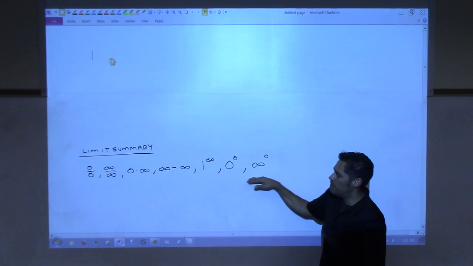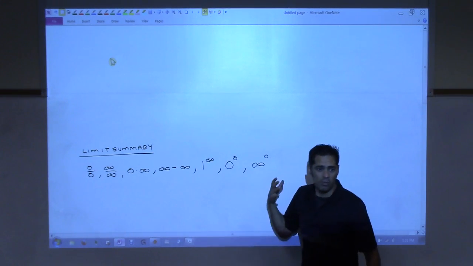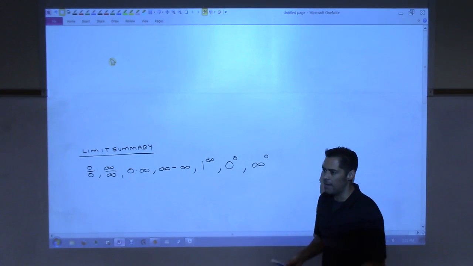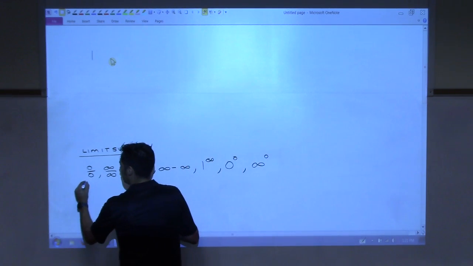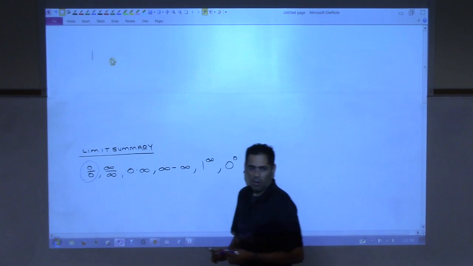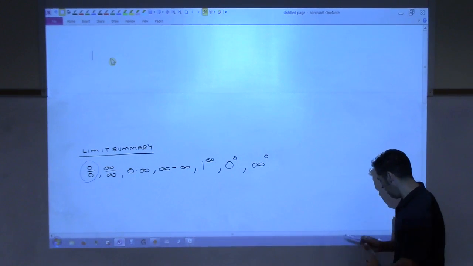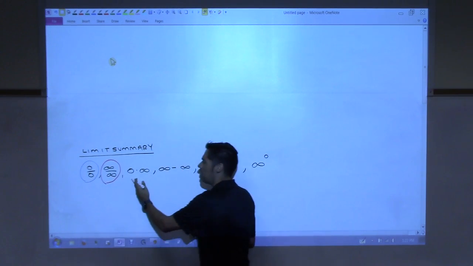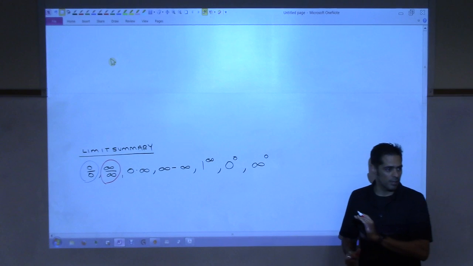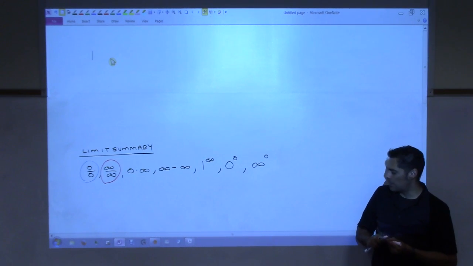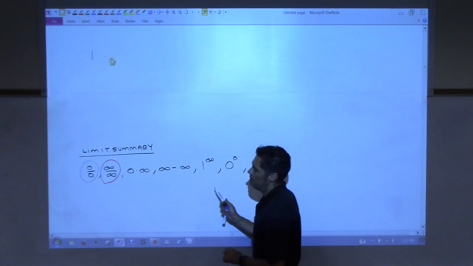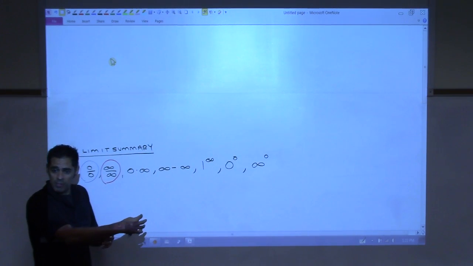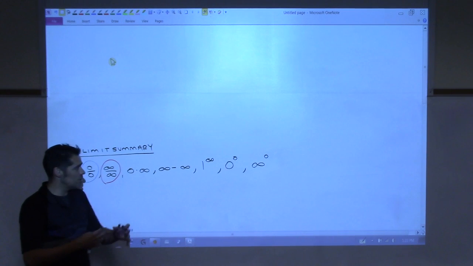So anytime we see any of these, we're going to have to do something to figure them out. The only thing that we've looked at up to this point in this class is this. That's all we've looked at. Today, we will cover this scenario, and everything else is going to come much later. The reason is because we can't put the carriage in front of the horses. You got to get the horses in front of the carriage.